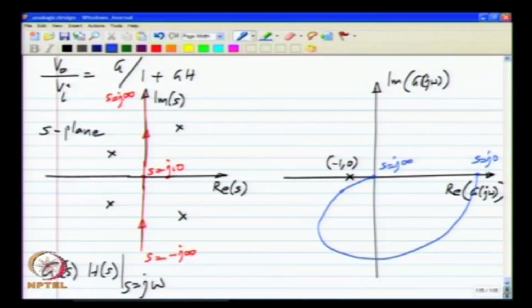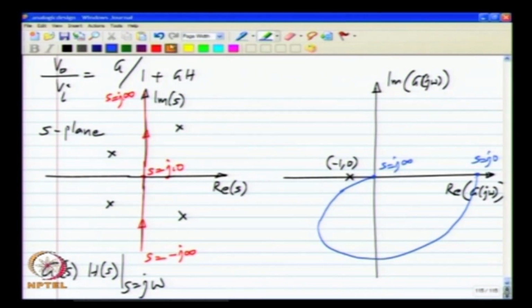However, you choose to implement your loop gain, as you increase the input frequency the loop gain diminishes to 0. You cannot have substantial loop gain at infinite frequencies. Okay. So, at infinite frequencies regardless of how you build your system the loop gain will eventually go to 0. Okay. So, I will assume that it goes to 0 like that, right.